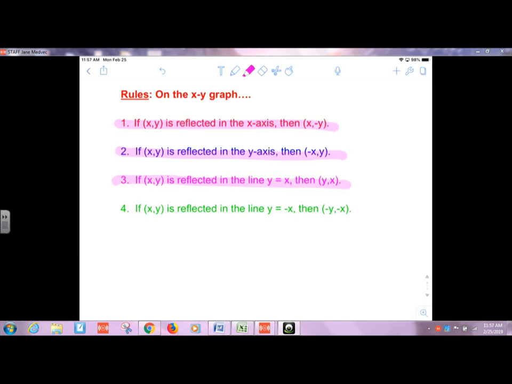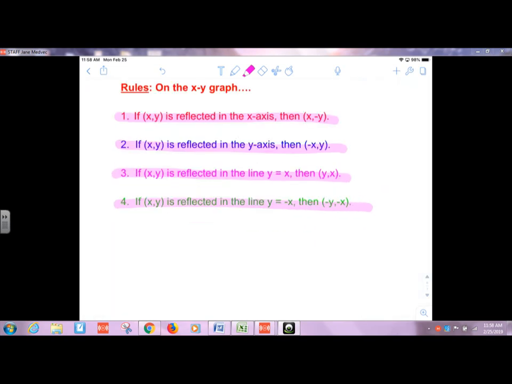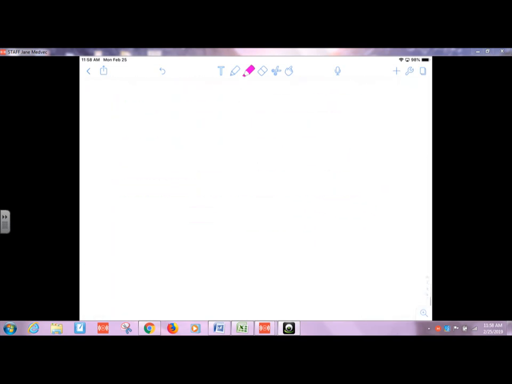And then on number 4, if it's Y equals negative X, you flip them and then you change their signs. Again, you can memorize them, it's fine, but I find you don't need to. The only way that would help you is maybe to check your answers.